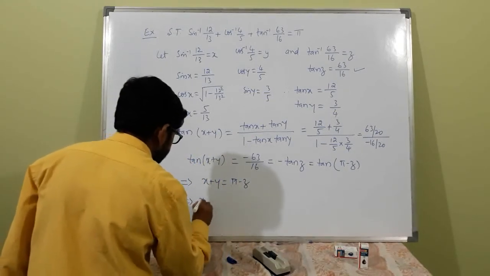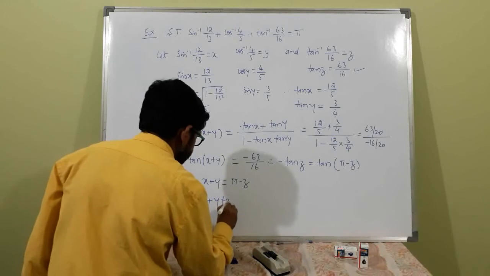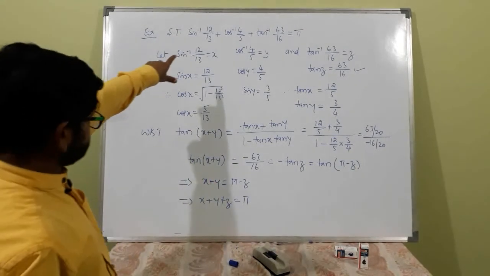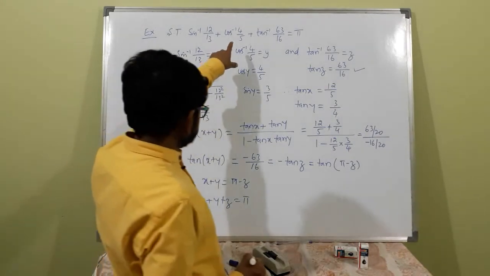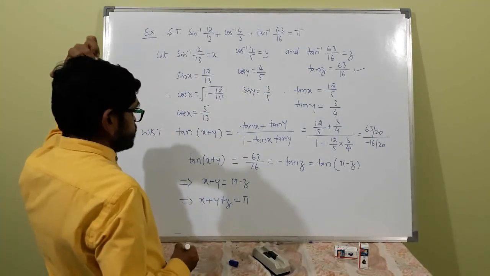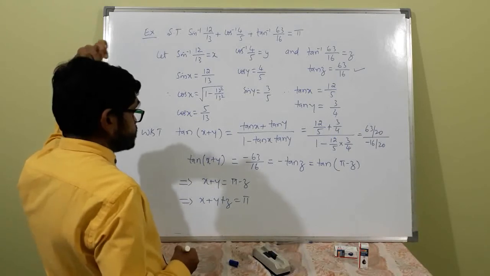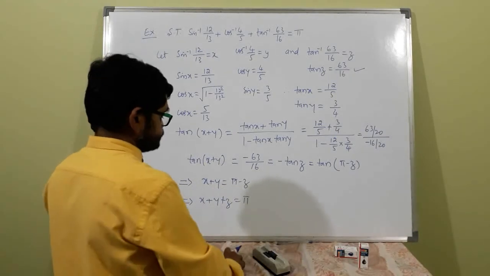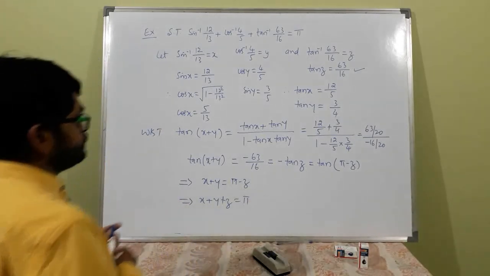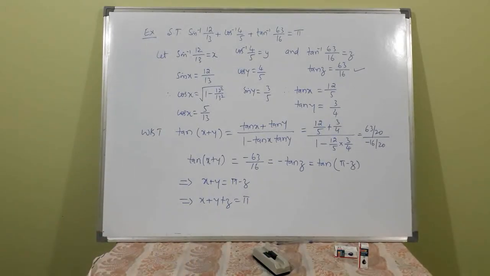Therefore, x plus y plus z is equal to pi. X is sin inverse 12 by 13, y is cos inverse 4 by 5, and z is tan inverse 63 by 16. Is it okay?